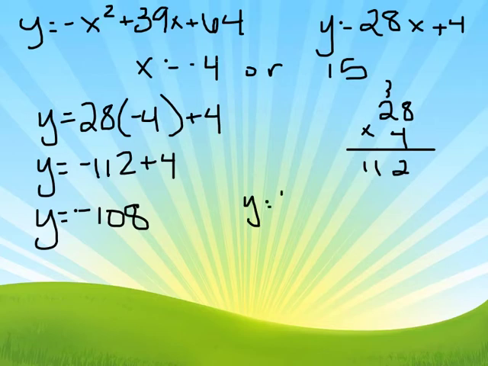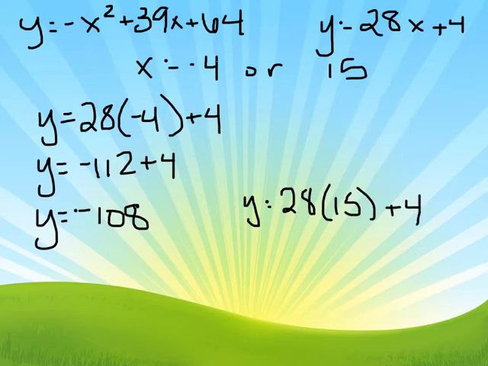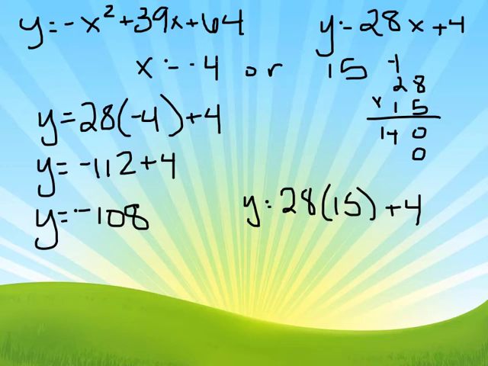Then I can go ahead and plug in for 15. y equals 28 times 15 plus 4. So let's work that out. 28 times 15: 8 times 5 is 40, 5 times 2 is 10 plus 4 is 14. Our placeholder, 1 times 8 is 8, 1 times 2 is 2.